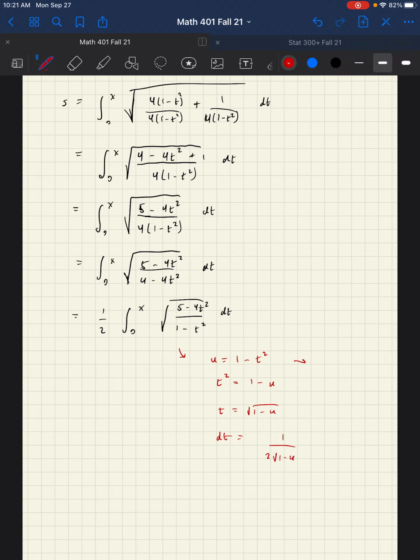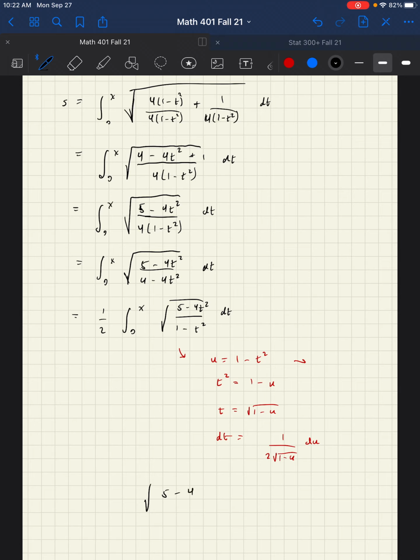So that would be positive 1 over 2 square root of 1 minus u du. And 1 minus u, that's obviously 1 over 2t. It's the same thing. Does it matter?